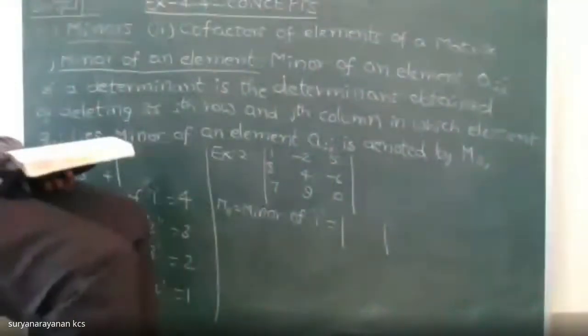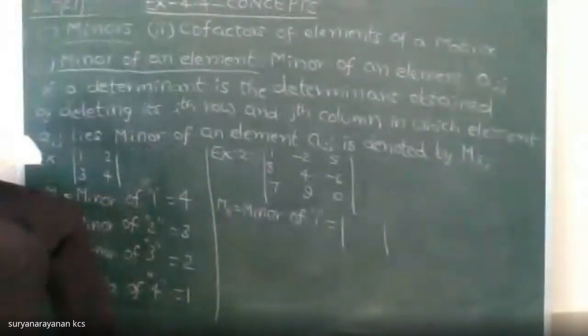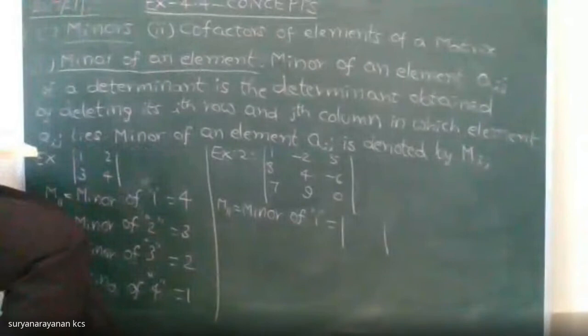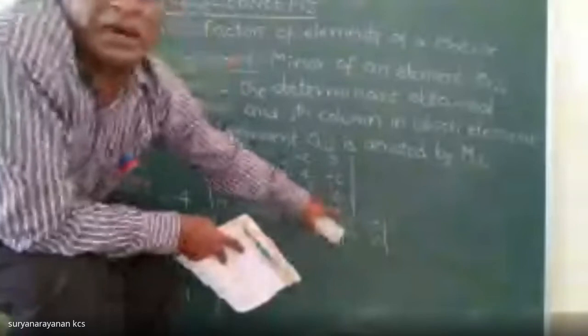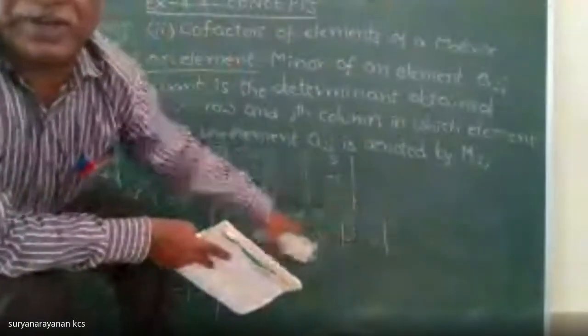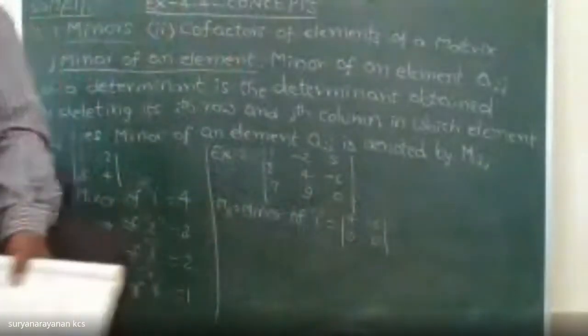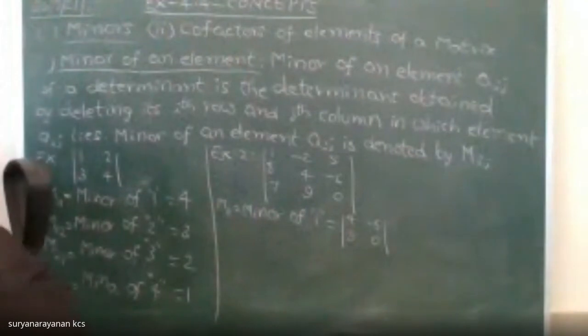Then what will you get here? These 4 elements: 4, minus 6, and 9, 0. This is a square matrix of order 2. It's a determinant.